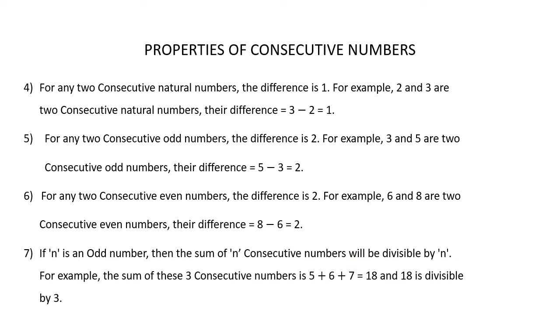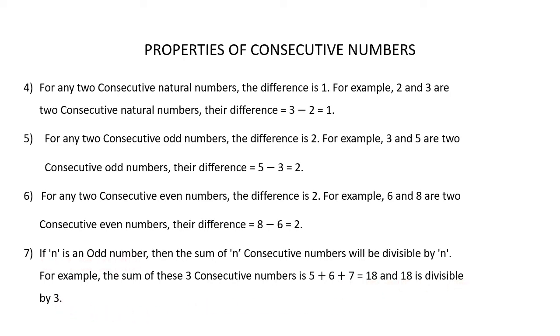What does this mean? Let's understand this with an example. The sum of these three consecutive numbers is 5 plus 6 plus 7 equals 18, and 18 is divisible by 3.